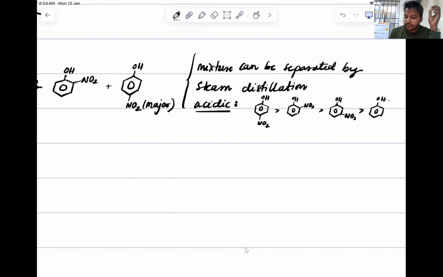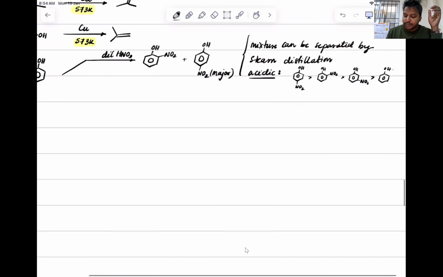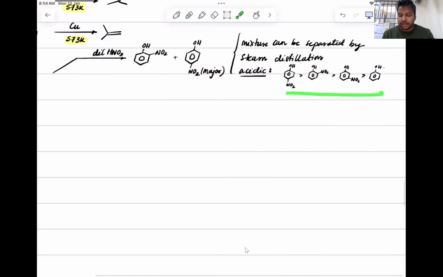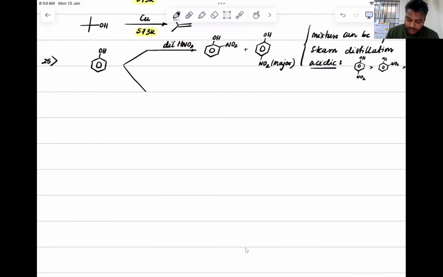Got it? So this case is important not just from the reactions point of view. Anything could be asked. Like this is product A and B. They can be separated by what? They can be separated by steam distillation. What is the acidic character of that? So like that the questions can be framed. Next. Second.